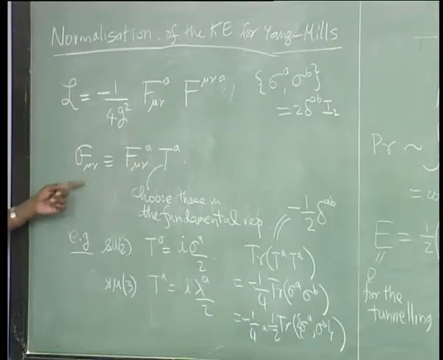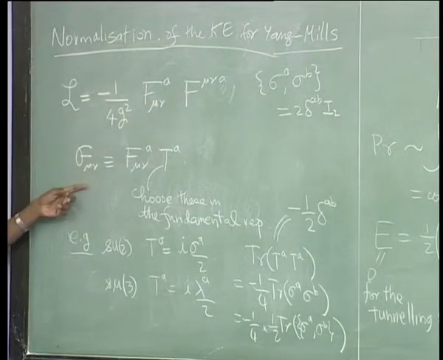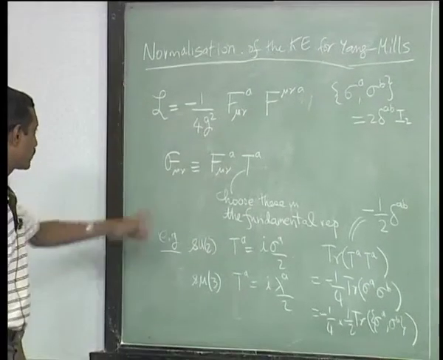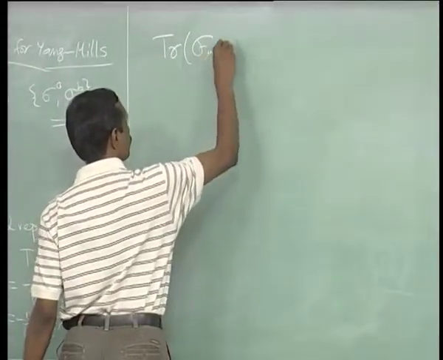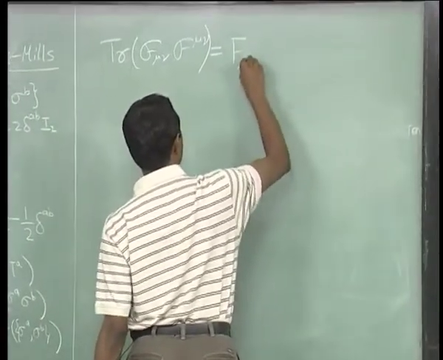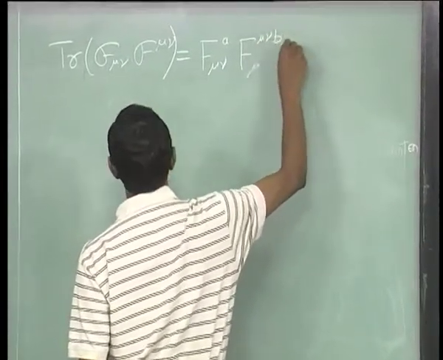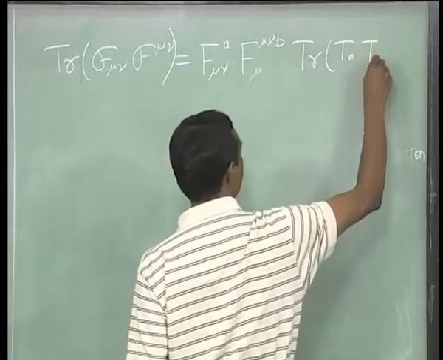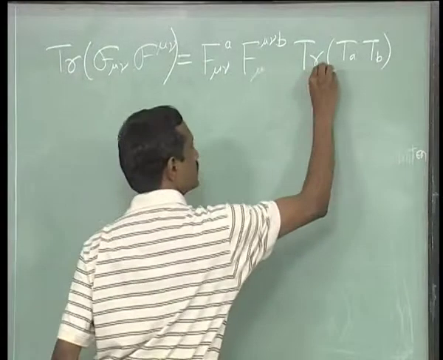So the idea here is that what I want to do is to write the same action in terms of this guy, the matrix valued object. So let us look at what we get for trace. So this will just, you can pull out the F mu nu A, F mu nu B trace. And we are going to work in the fundamental representation.